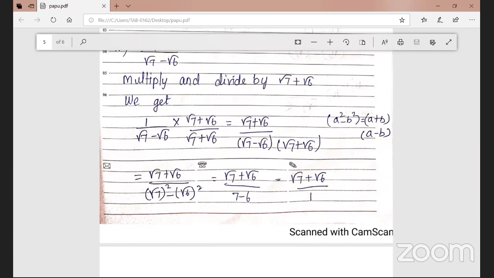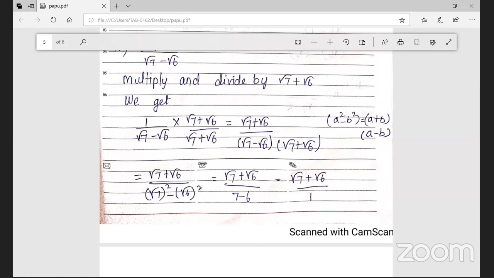See, Divya ma'am told before that if there is a root number in the denominator, it is an irrational number. So the denominator should become a rational number, that is 1, 2, 3 like that, not a root number. If it comes like that, it is a rational number, right?